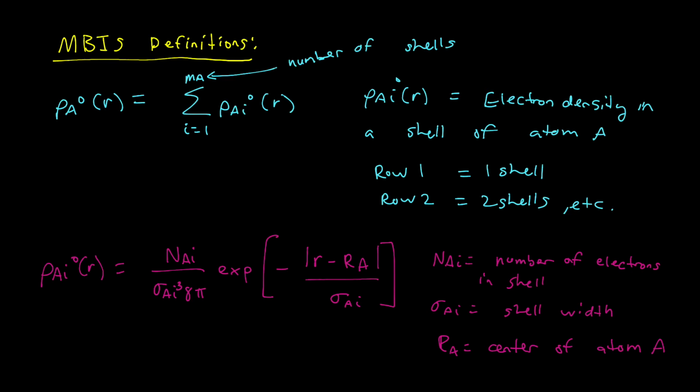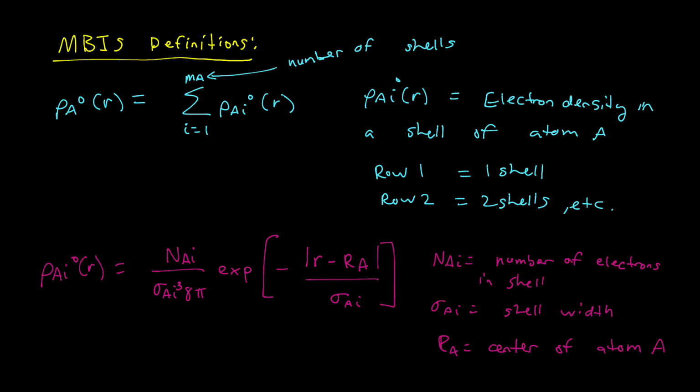Now the proatomic shell density in MBIS is defined by the following equation: N AI divided by 8 pi sigma AI cubed, times e to the negative absolute value of r minus R A over sigma AI, where the absolute value of r minus R A is the distance of a point in space to the nucleus of an atom.